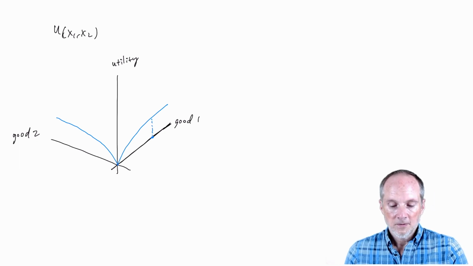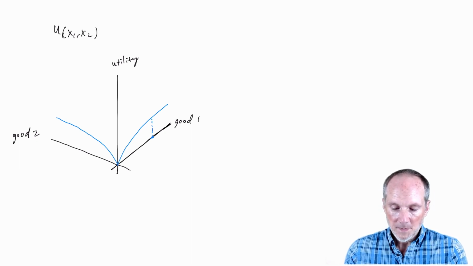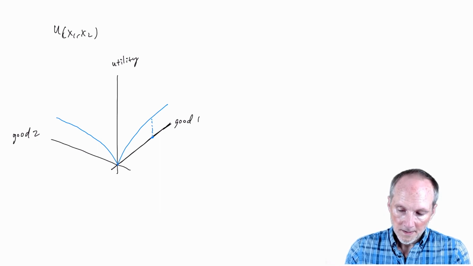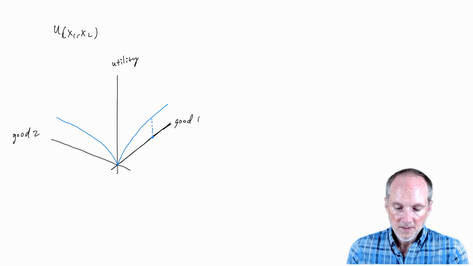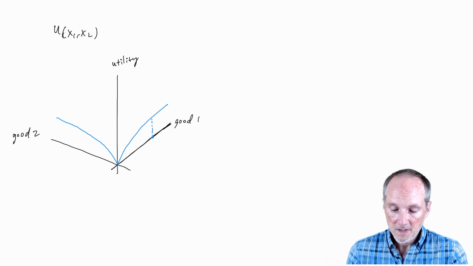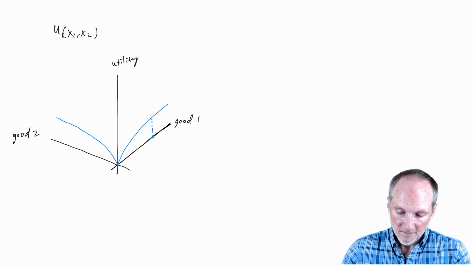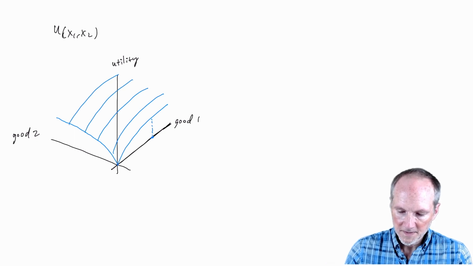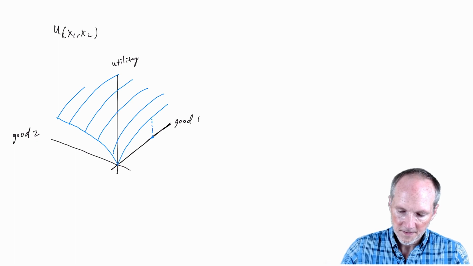It's going to generate utility. What about a bundle that has a positive amount of both goods? Well, I'm going to fill in the graph of this utility function like so.